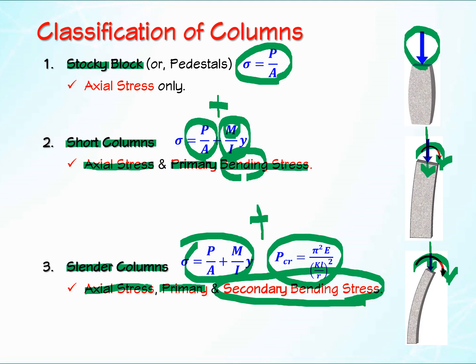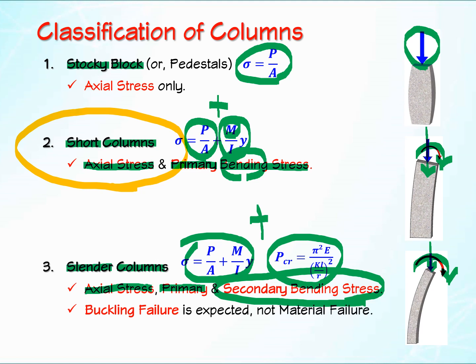But anyway, the classification of column is like this. And we are going to pay attention to this one. So if your column is very slender, as we learned, buckling failure is expected, not material failure.